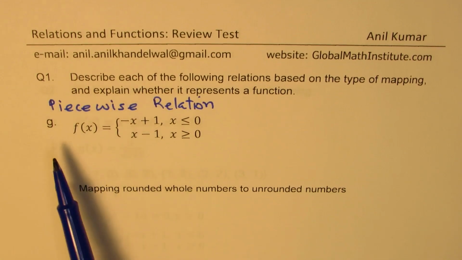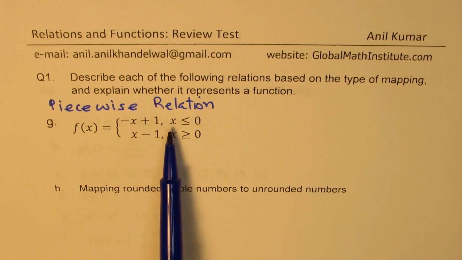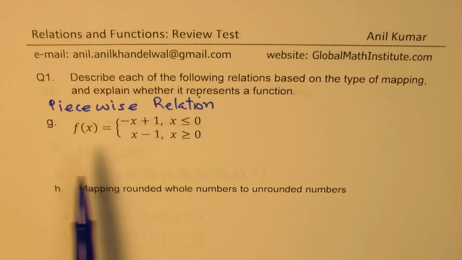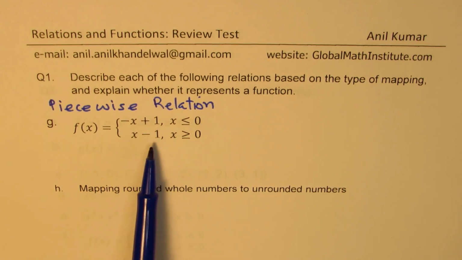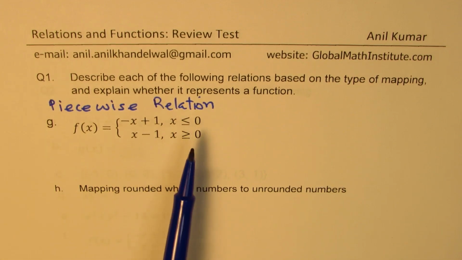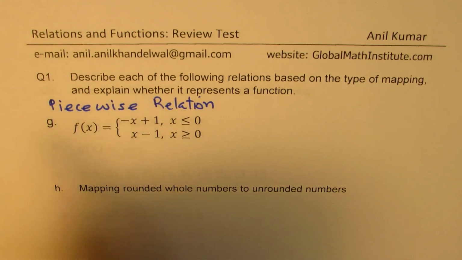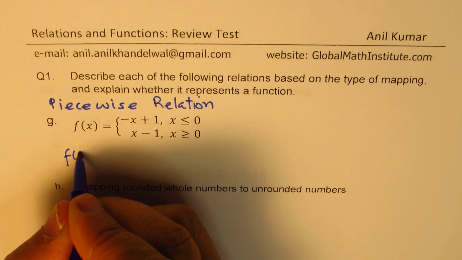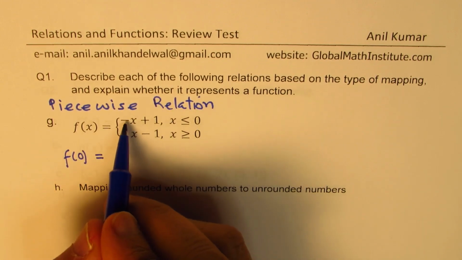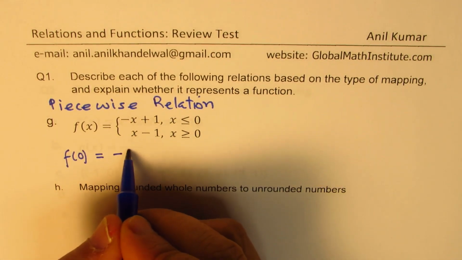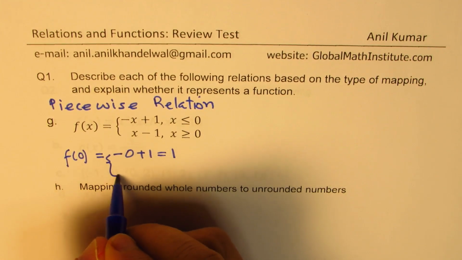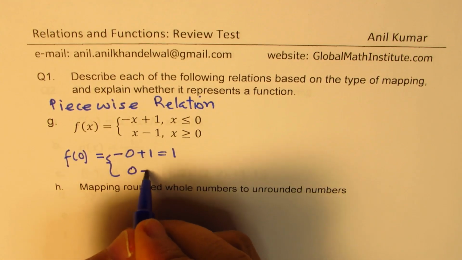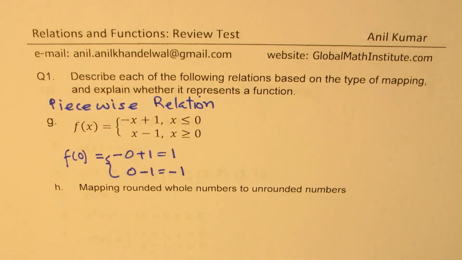Now it says f of x is minus x plus 1 for x less than or equal to 0, but if it is greater than or equal to 0, then it is something else. That means at 0 we could have two values. So what is the value of f of 0? If you go with the first branch, you get minus 0 plus 1, which is 1. But if you go with the other one, you get 0 minus 1, which is minus 1.